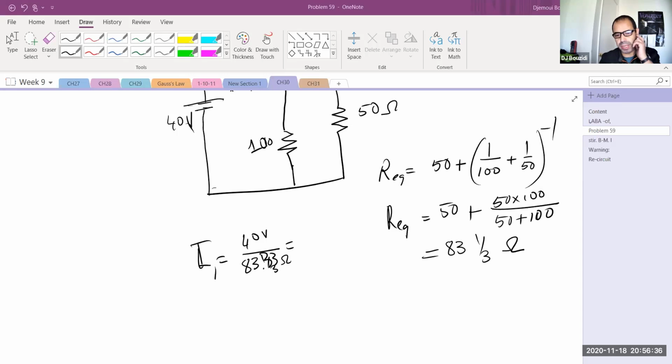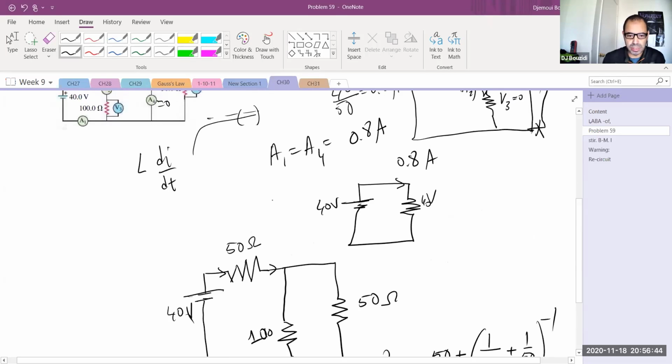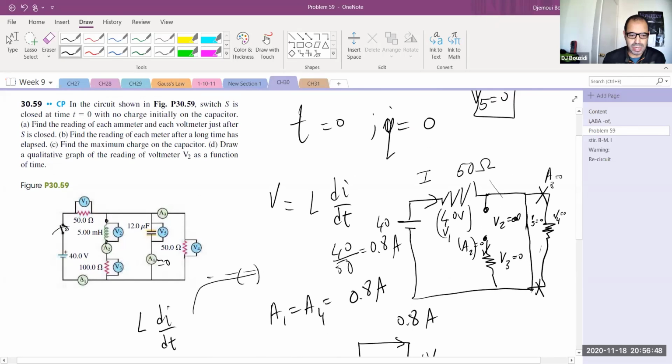It's going to be 0.48 amps. That is the current that is running through the first 50 ohms and read by A1. So A1 will be a little less than half an amp, which is actually 0.48 amp. So that's how much A1 will read.